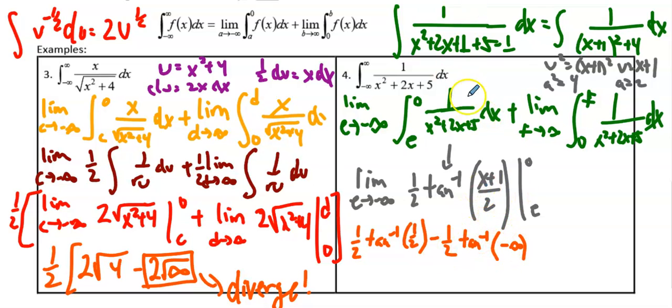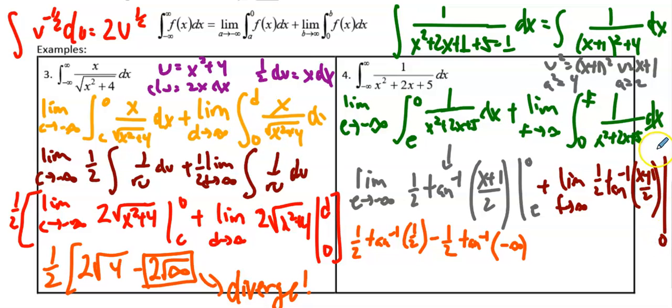And then we'll talk about this in 1 second. The same thing with this one. So this is going to be the limit as f approaches infinity of 1/2 the arctangent of x plus 1 all over 2, and we're going to evaluate this from 0 to f. I'm running out of room here, so I apologize.